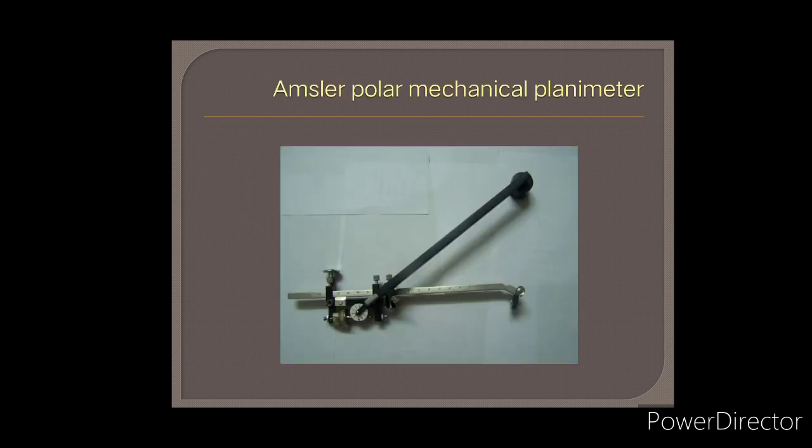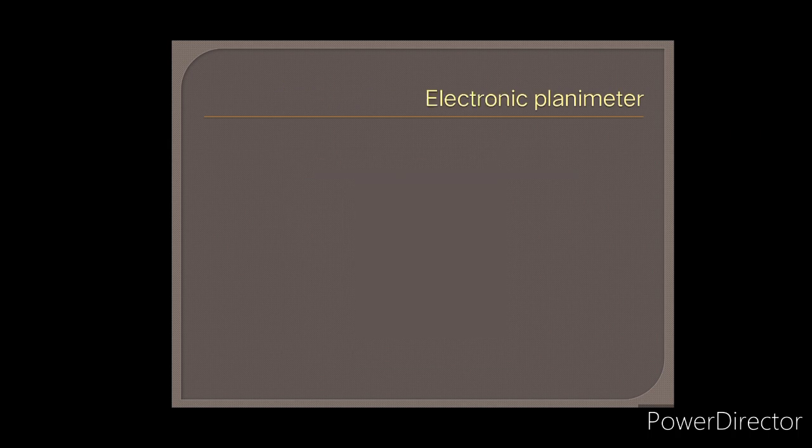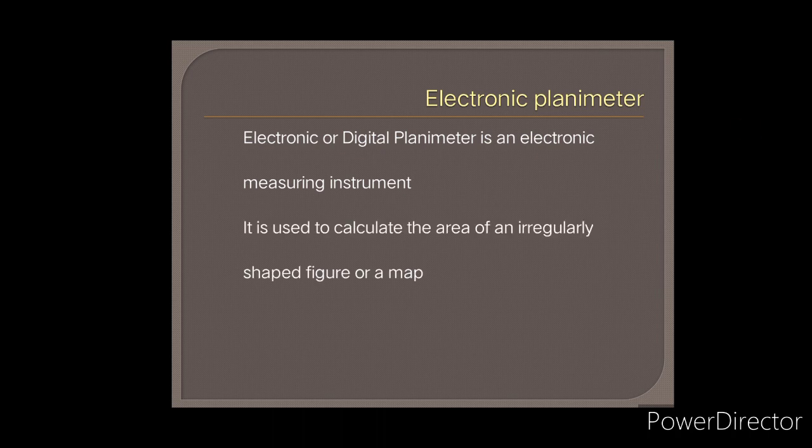And you can see the figure. This is an Amsler polar mechanical planimeter, and coming to the electronic planimeter, this is also called a digital planimeter. It is used to calculate the area of any irregularly shaped figure or a map.